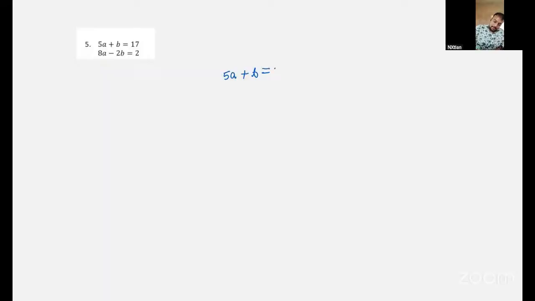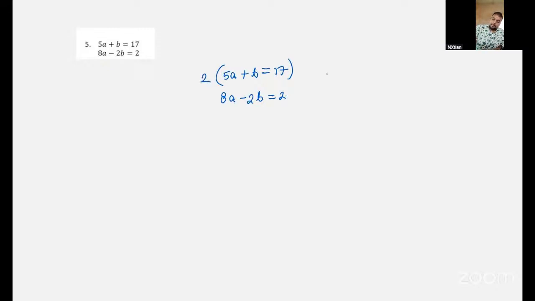For example, if I write 17 here, what number will I multiply so that I can get the same coefficient as the second equation? What number will I multiply, beta? 2, sir. 2. Very good. So I will multiply this by 2.